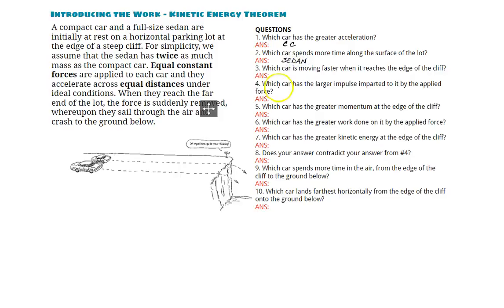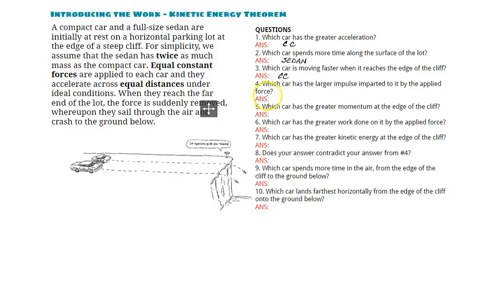It doesn't go quite as fast, and so it doesn't launch itself off the cliff until after it has moved the whole distance, which it takes longer to do because it's not going as fast. Which car is moving faster when it reaches the edge of the cliff? Well, the one that has the more acceleration, which is the compact car.